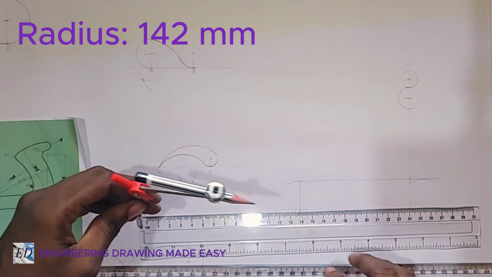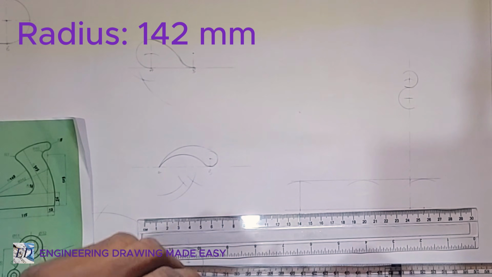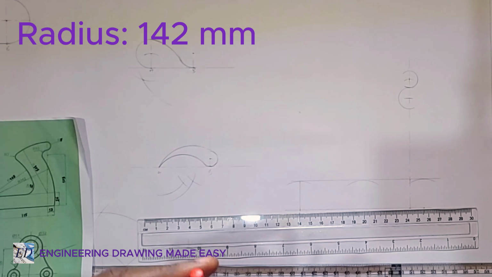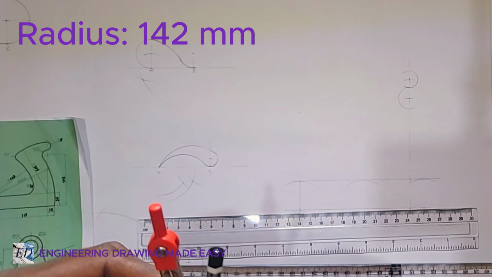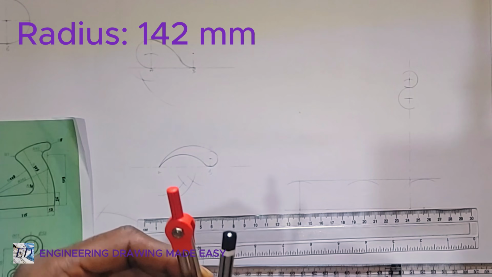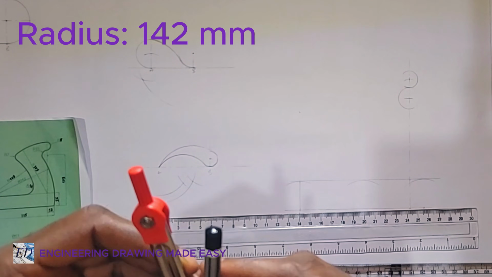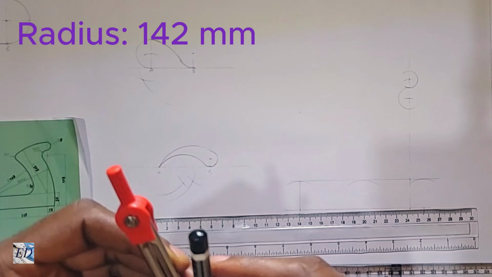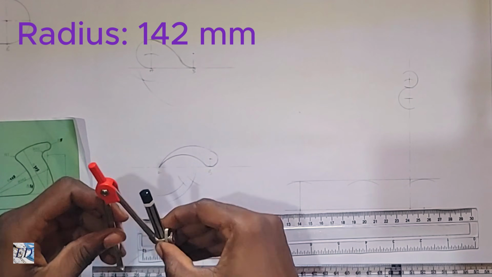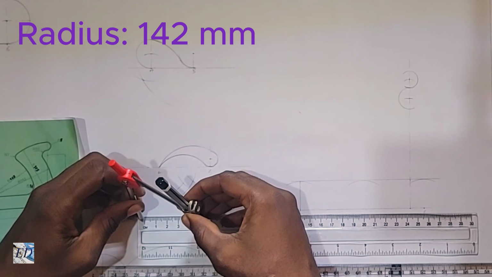But for this case, I'm going to use a little trick. It's not always advisable, but if you're in need, you could do that. I'm going to extend the pencil to be a bit longer than the pin, and then I'll try again.